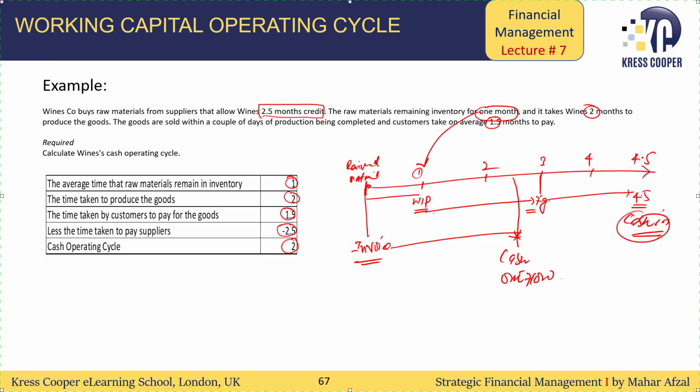If I'm asking what is my cash operating cycle, it is the time lag between cash out and cash in, which is equal to 2 months. If I'm asking what is the operating cycle of the business, it starts from here when I receive the material till this point when it is converted back into cash, which is 4.5 months.